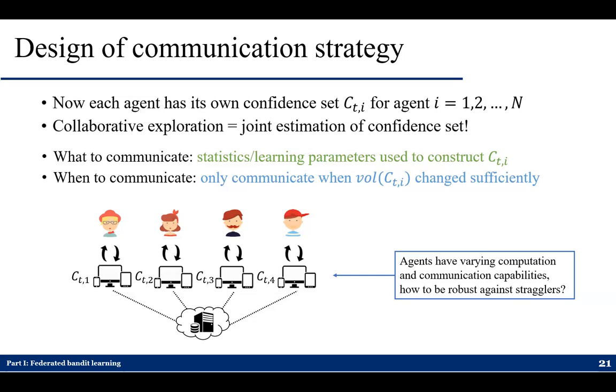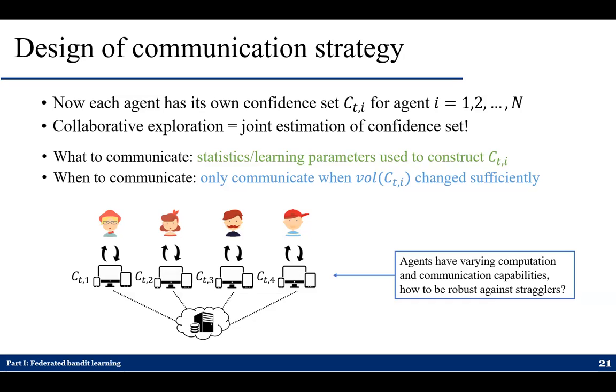And moreover, in this federated environment, in practice, agents can have varying computation and communication capabilities. Which means sometimes you have an agent or an edge device that is super slow in terms of communication or in terms of computing the model updates.